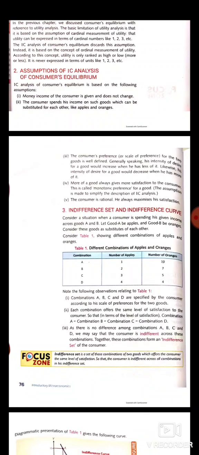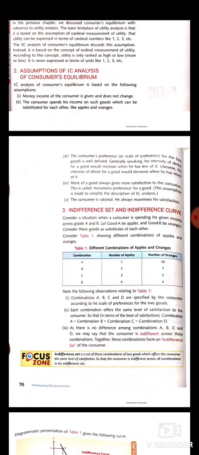Here 4 combinations of commodity A and B are given. Combination A, B, C and D. In combination A, consumer purchases 1 unit of apple and 10 units of oranges. And under combination B, consumer purchases 2 units of apple and 7 units of oranges.